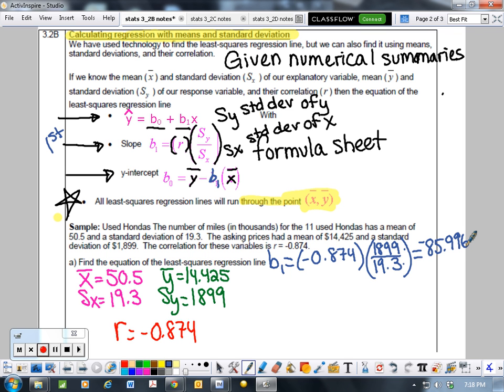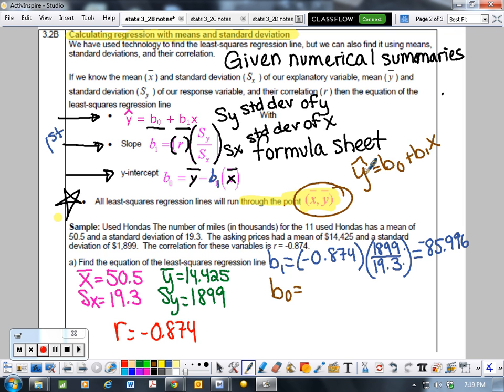Okay, now we're going to move to our b0. So this is kind of plugging in the idea of that point, our x mean and our y mean. Since the line has to go through this point, I can figure out what my intercept is by going back to that original equation, y hat equals b0 plus b1 times x.